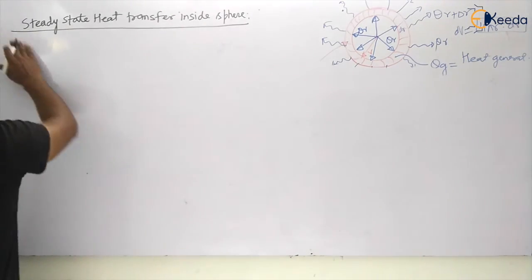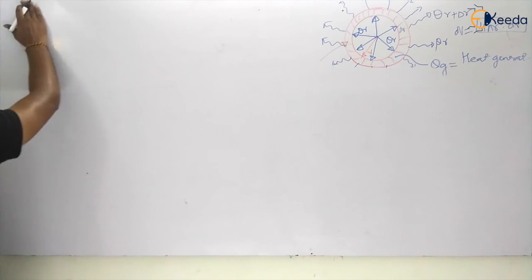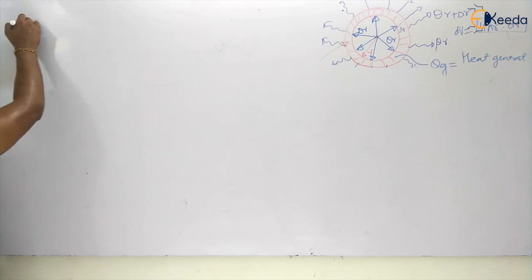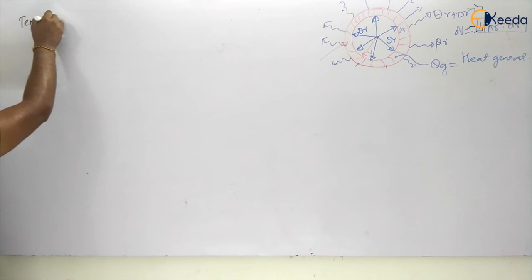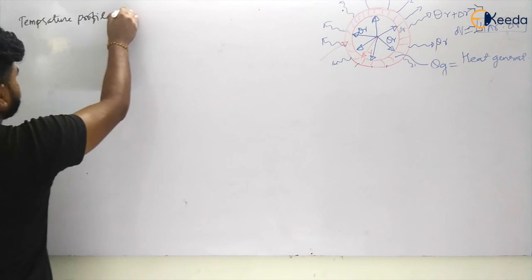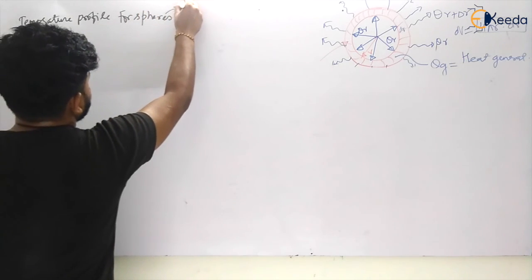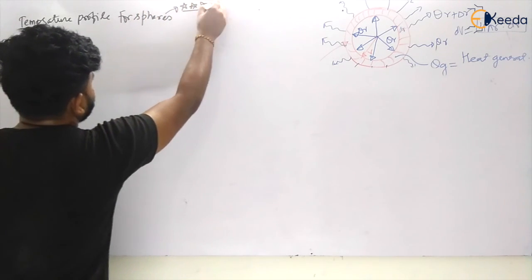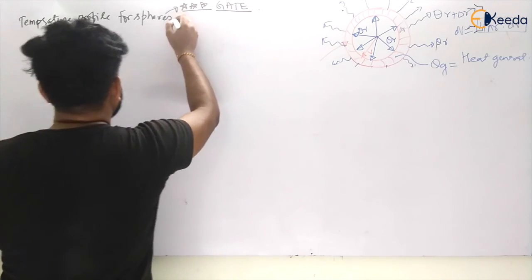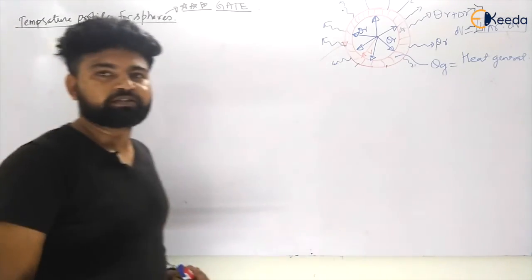So temperature profile for steady state heat transfer. Okay, for temperature profile for spheres, and this is very much important from GATE point of view. Just understand it. They can ask in the middle of the derivation, so it is very much important, my dear students. Let us see.